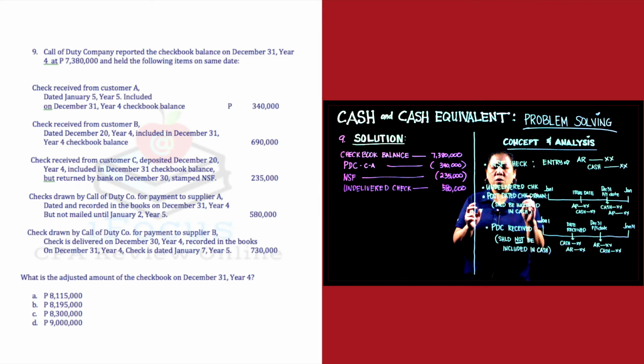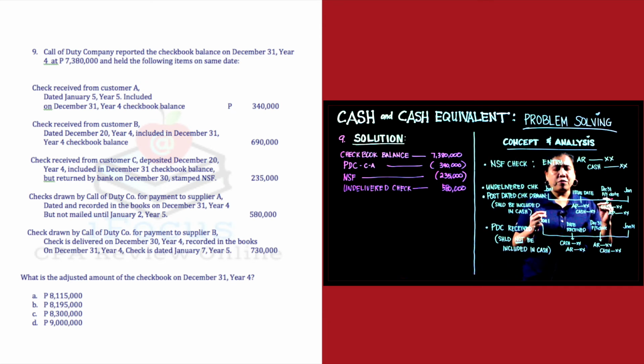This is post-dated check drawn by the company. Alright? So, the same concept on the undelivered check. Yung post-dated check, kahit nasa kamay pa yan ng supplier, hindi pa niya mai-cash. Kasi post-dated check nga siya. So, meaning, on December 31st, ibabalik natin yan sa cash at i-record natin ang ating accounts payable. Therefore, it should be included sa our cash.